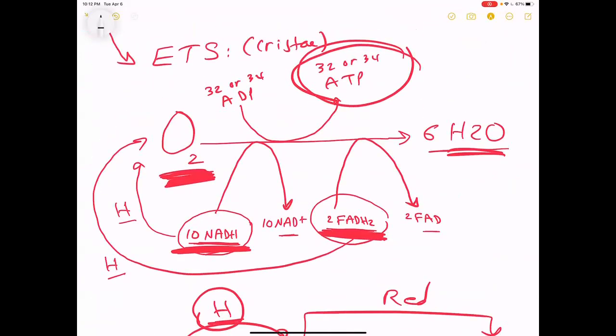I said I will not go over that in depth in this video. But the term oxidative phosphorylation, look, you need to oxidize the coenzymes to phosphorylate adenosine diphosphate. So electron transport system is oxidative phosphorylation. Electron transport system is the same as oxidative phosphorylation.